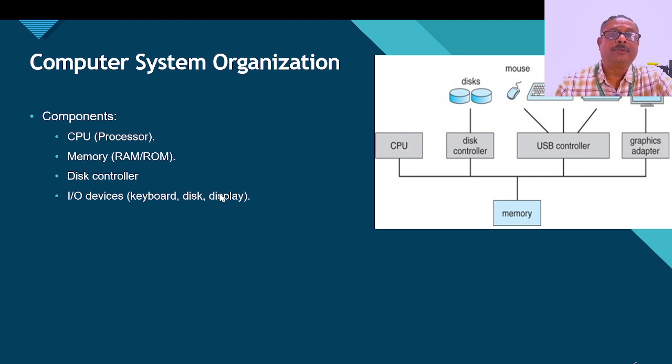Then, to make sure that humans interact with the machine efficiently with minimum trouble, many I/O devices are attached to the system, and to ensure that all the I/O devices work efficiently, we have a controller for I/O devices. The I/O devices may be a keyboard, monitor, display, printer, and many more.